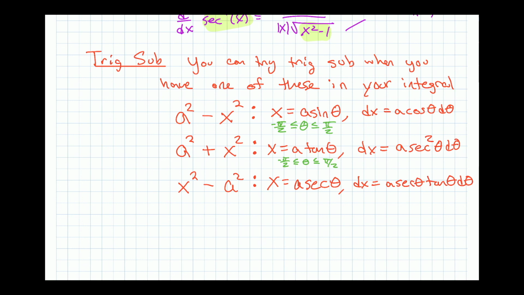You want theta between 0 and pi over 2, or pi over 2 to pi. And I wrote that a little bit wrong because we can't have pi over 2, because secant of pi over 2 will not be defined.